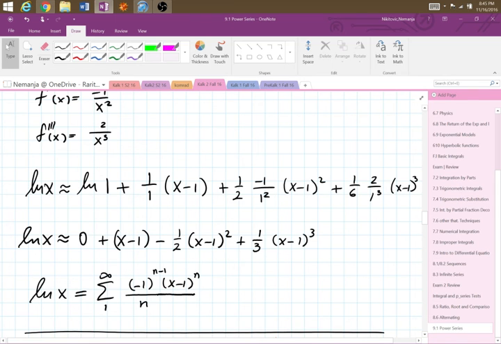Now, clearly, if you're approximating something, you have error, because it's not the same as the true value. So the difference between the true value and what you have is called an error. And that error, the remainder, is going to be approximated by the first term you dropped. So if I say, give me the first 4 terms, the 5th term, which is the first one you're dropping, is going to contain most of the error.